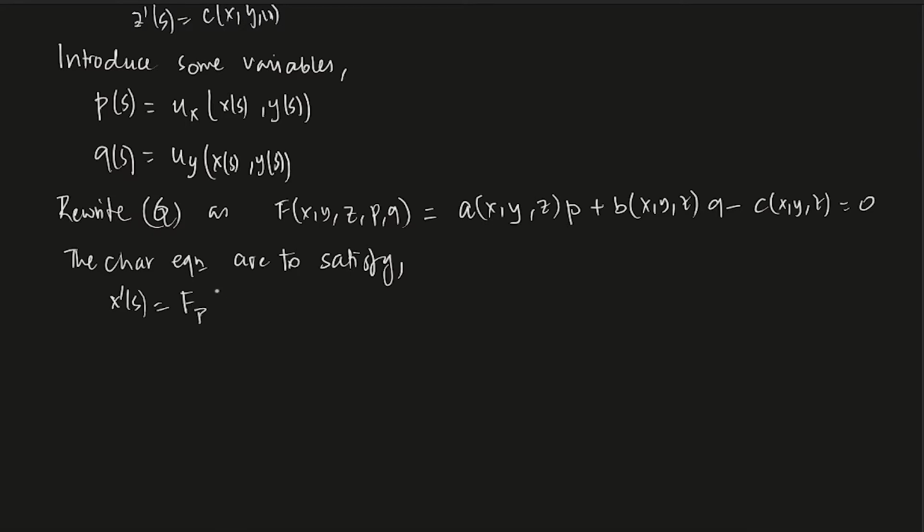So x prime of s is f_p. I hope this is fine. Because f is a function you are just defining, let's say this is a times p plus b times q minus c. f_p is this particular thing with respect to p. Think of these as the independent variables. So this becomes only a, because the derivative of the other terms with respect to p will be 0.